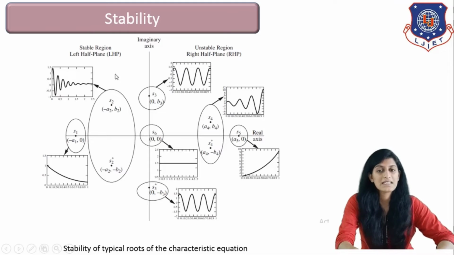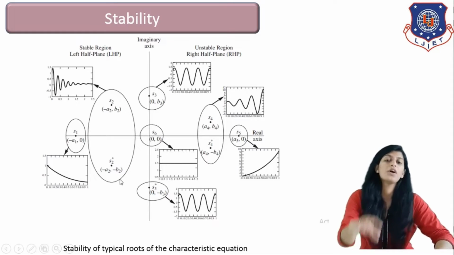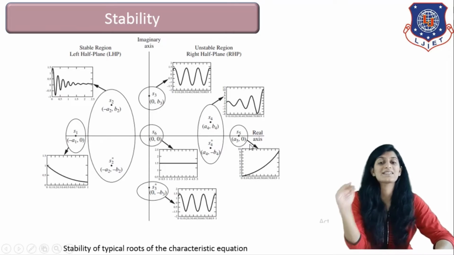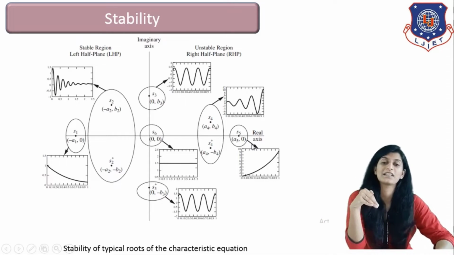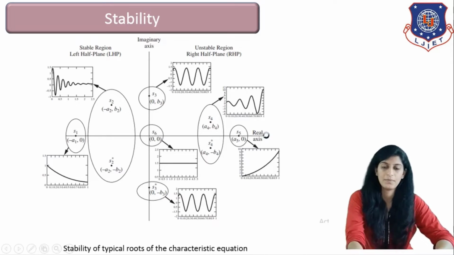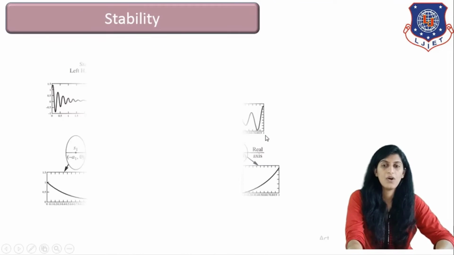If it is in this section, it is termed a stable system. In the same way, if it is here, then it is unstable; if it is here, then it is stable. So depending on where the roots of our characteristic equation lie, we can determine whether our given system is stable or unstable.